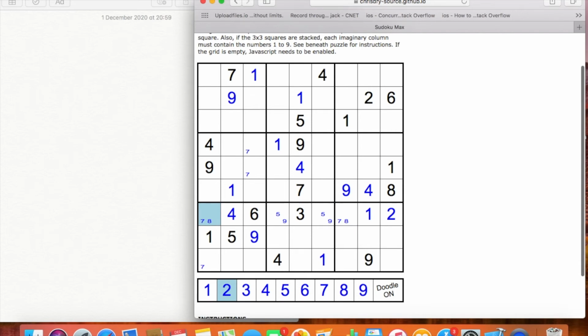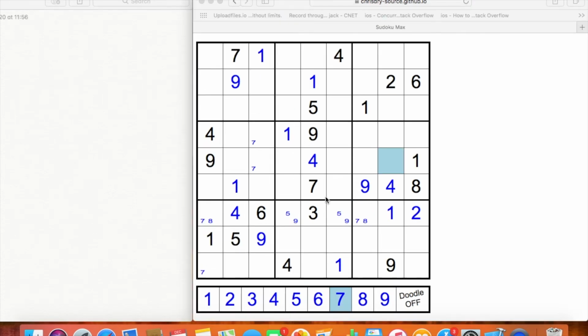I hope you followed that. I'll try to speed things up now. I'm looking at the bottom middle block. Now a 2 cannot appear in this square because 2 is only available in these 3 squares in the left hand block.